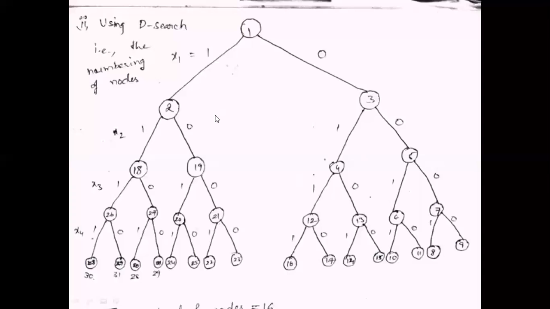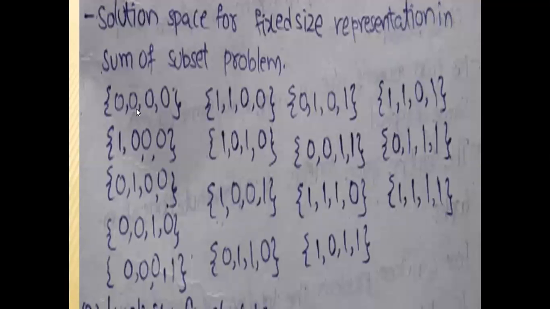Tomorrow we will discuss how we find the solution by using backtracking if the solution is represented by fixed size representation. Fixed size means every solution has four elements. The element which is considered in the sum is represented by 1, the element which is not considered in the sum is represented by 0.